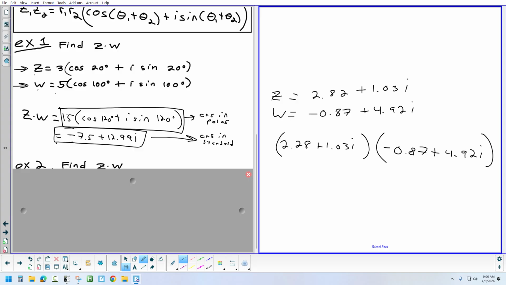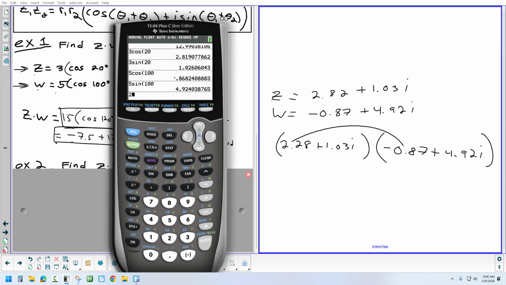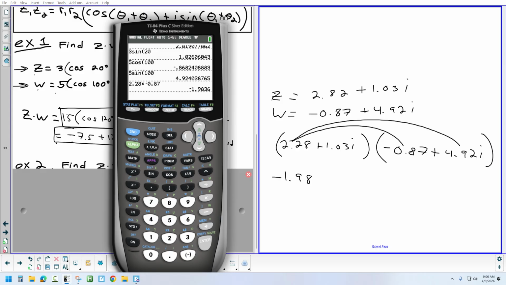Okay, what's the first two numbers we multiply together? 2.28 times negative 0.87. Yep, so we'll multiply those two. That gives me about negative 1.98. All right, and what's the next two? 2.28 times 4.92i. So let's do 2.28 times 4.92.